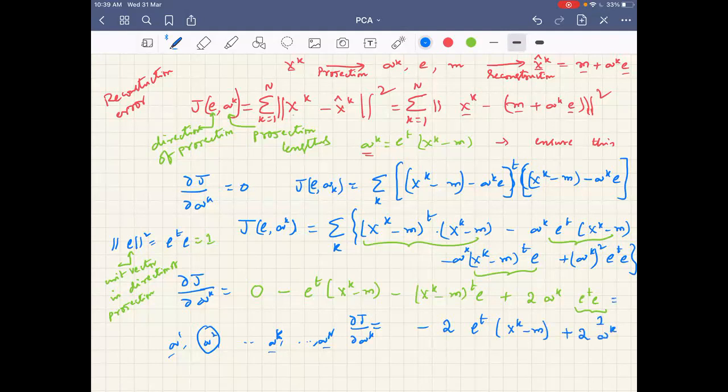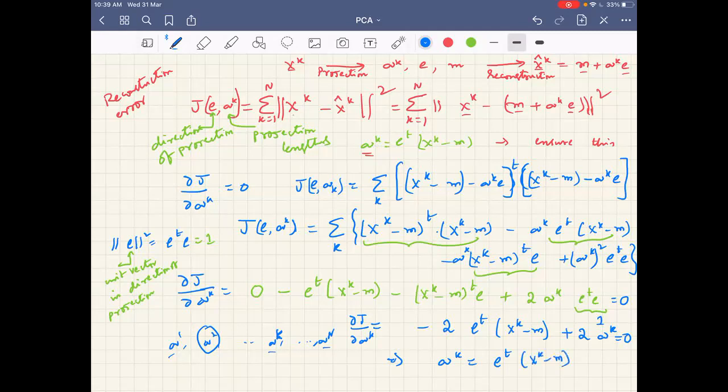This whole thing is equal to what? 0. Why is this equal to 0? Here we are trying to minimize J, so we equate the first derivative to 0. Right, good. So AK is equal to E transpose into xk minus m.